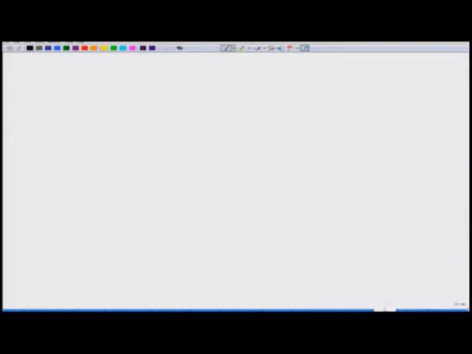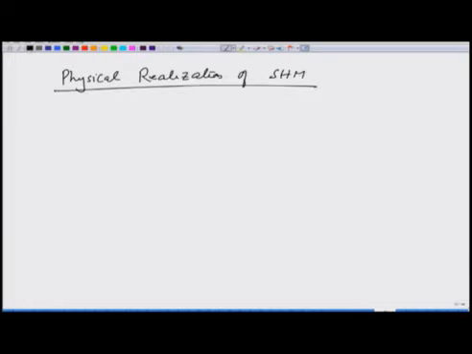So, let me just summarize the physical realization of simple harmonic motion. One possibility that we have discussed is a spring-mass system where the spring follows Hooke's law.